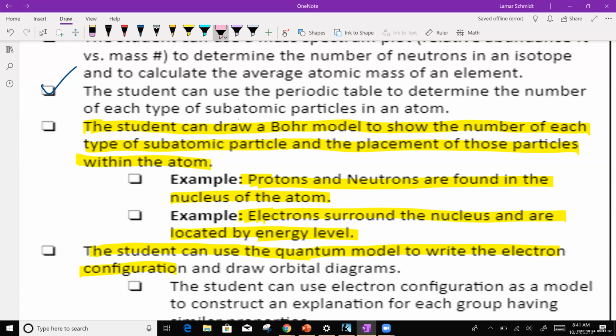We are not going to get to drawing orbital diagrams in this video, but we are going to write the electron configuration so that we know how these electrons surround the nucleus and how they are located by energy level. That's the major idea here.